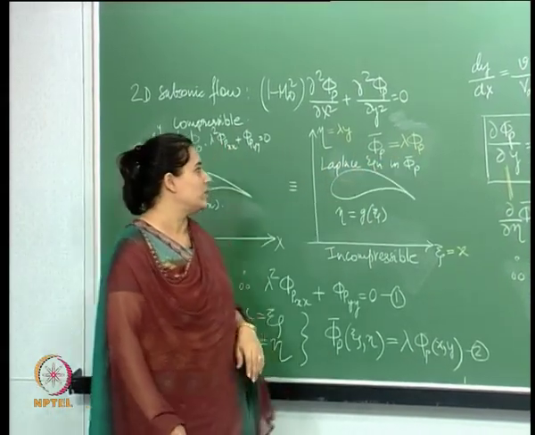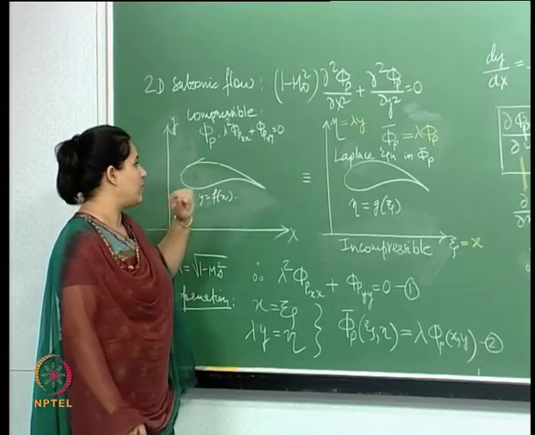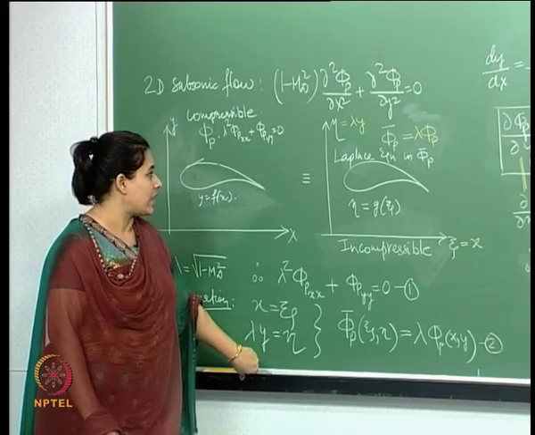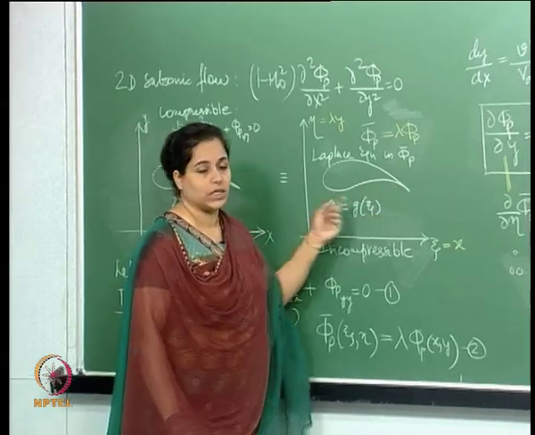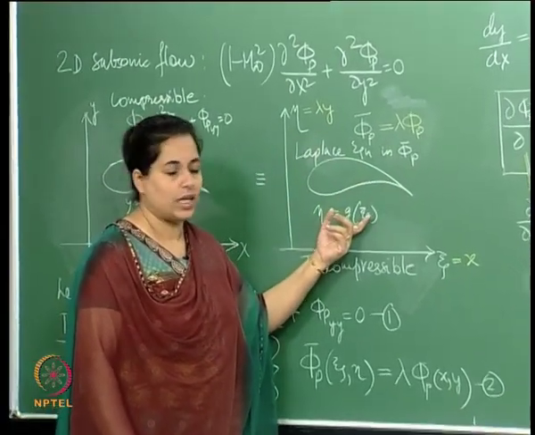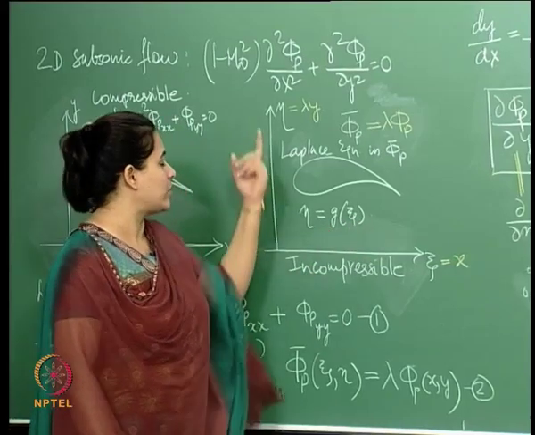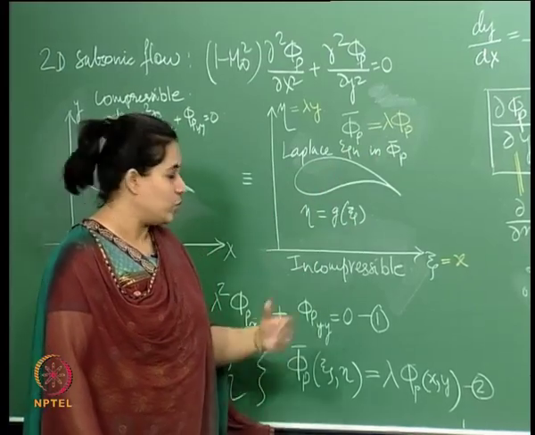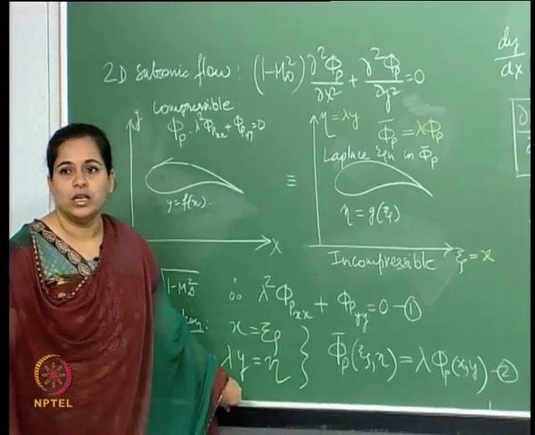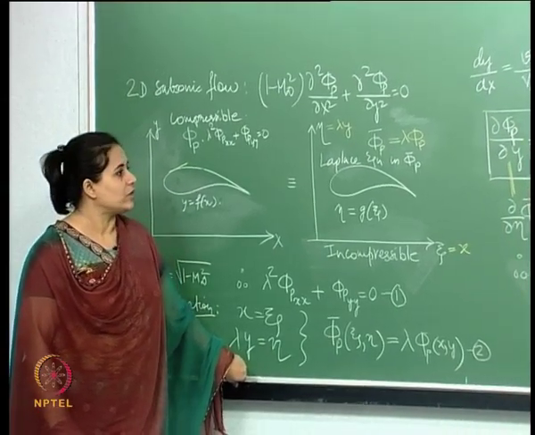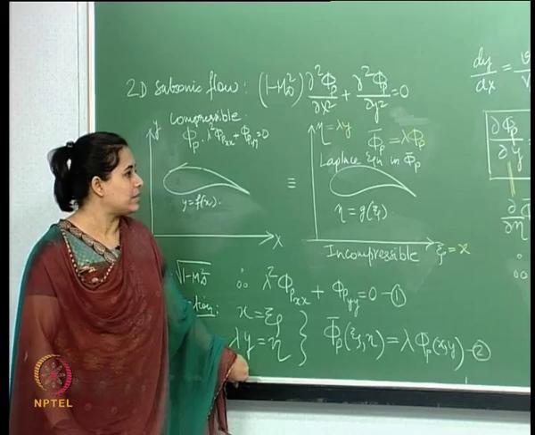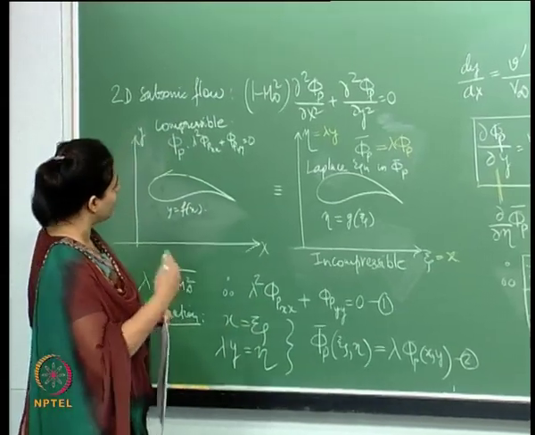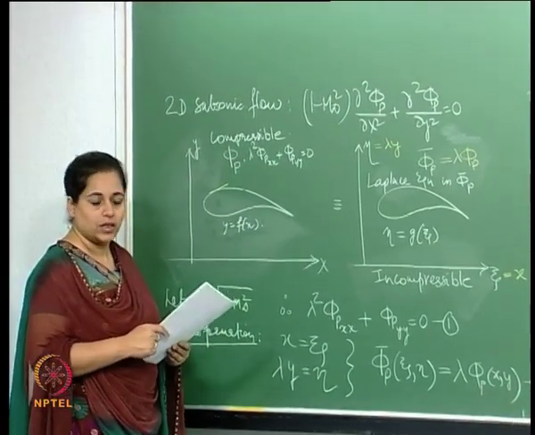This is the relationship with the phi p of the xy coordinate system, and what we see is that we get the same shape, but the governing equation transforms to the Laplace equation in phi p bar, which is nothing but the governing equation for incompressible flow. So this really makes our life a lot easier, even more than with the linearization which we had.